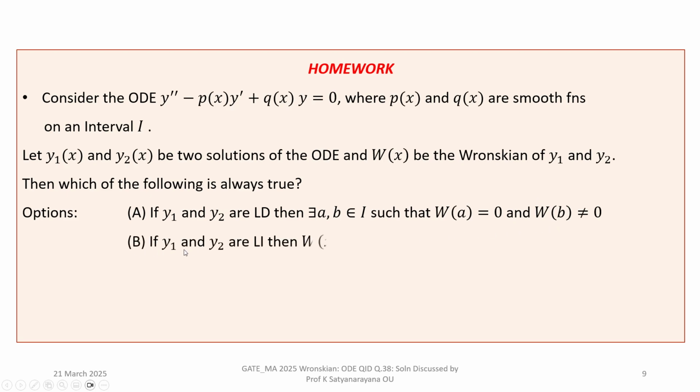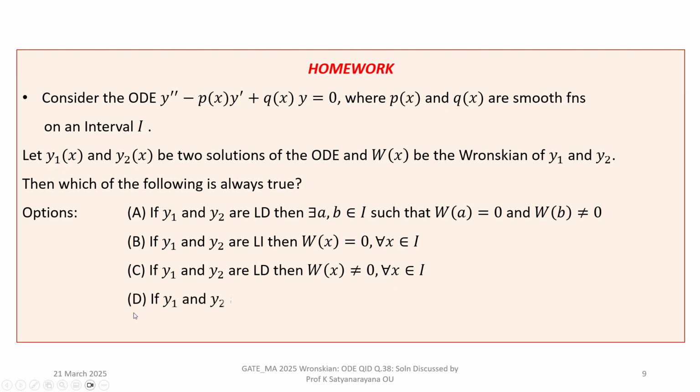Option B, if y1, y2 are linearly independent, then the Wronskian is 0 for all x belonging to I. Option C, if y1, y2 are linearly dependent, then the Wronskian is not 0 for all x belonging to I. Option D, if y1 and y2 are linearly independent, then the Wronskian is not 0 for all x belonging to I.